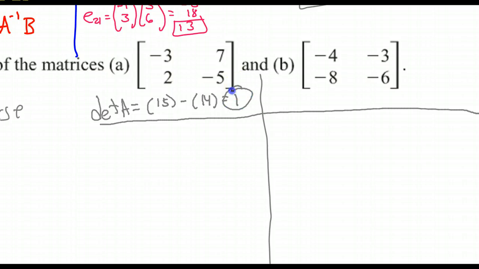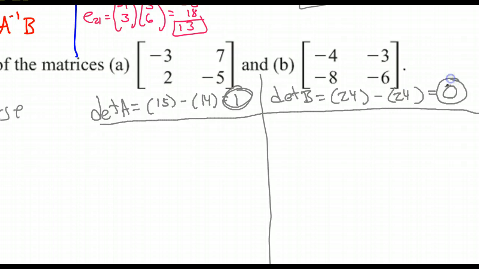Okay, so the determinant for that one is 1. Okay, I'll call this matrix B. So the determinant of matrix B, again, down diagonal minus up diagonal. So that's going to be 24 minus 24. Uh-oh. 24 minus 24, that is 0.